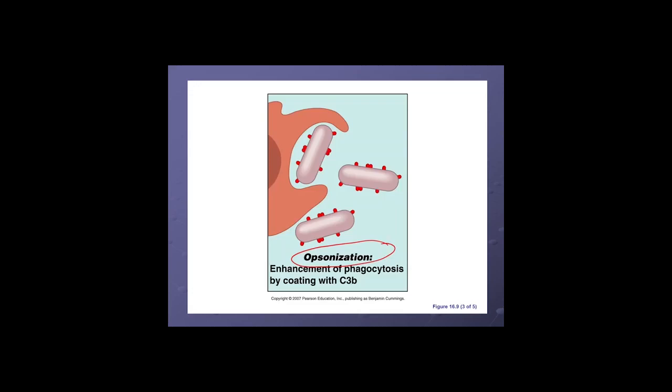All right, all joking aside, why do we dip a strawberry in chocolate? Because it tastes better and you're more inclined to eat it. Well, that's what we're doing to the microbe here. Immune cells will eat microbes, sure.